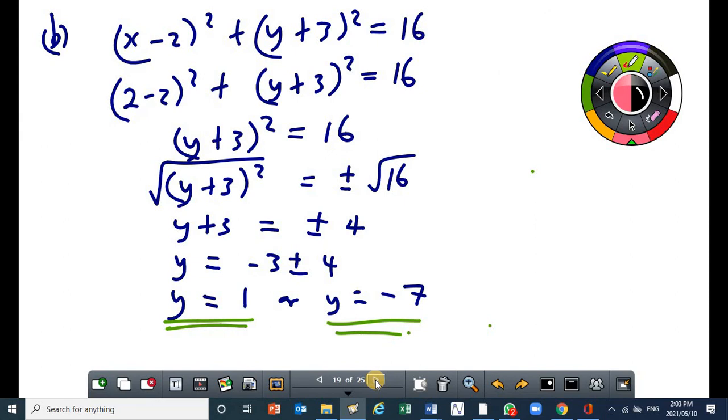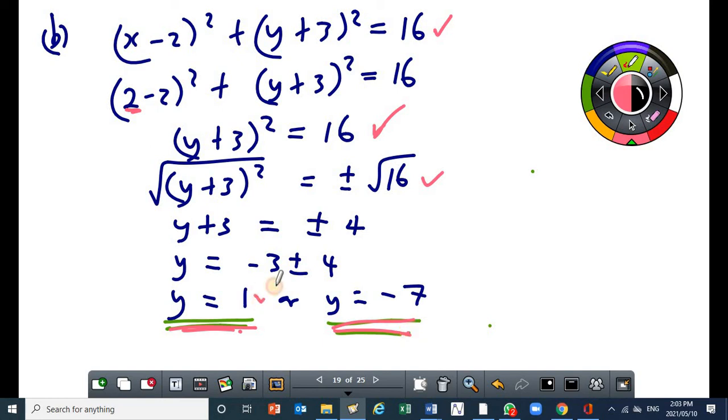So on the next page, I wrote my equation first, then I substituted x equal to 2, okay, to eliminate the x in that whole equation, so I was left with y only. Then I got that, used my knowledge of equation from grade 11, found the square root on both sides, then simplified until I got y equal to 1 and y equal to -7.